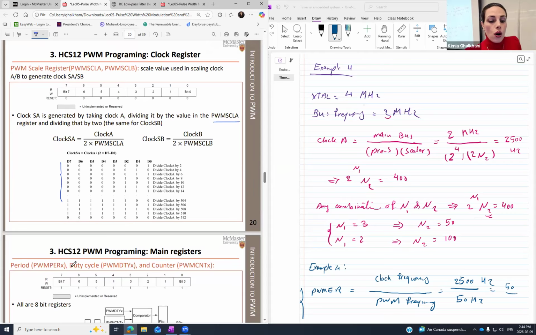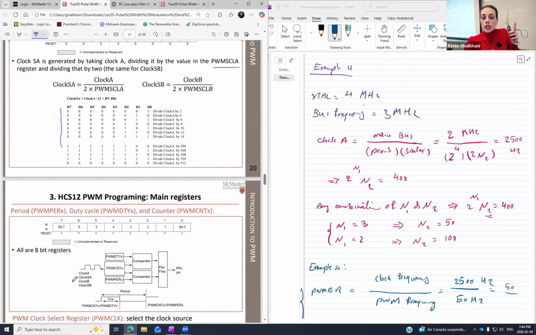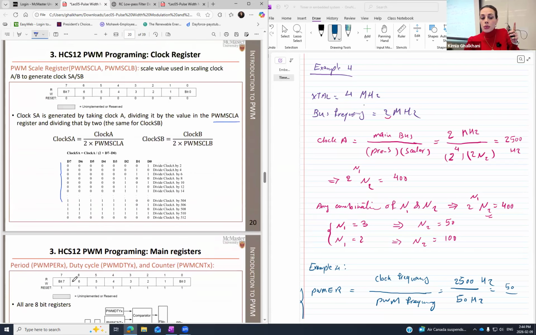So in case you are wondering how I get all of this information of 0x30, 32, 4, and so on, I use the same register information. For example, if I want clock A divided by 2, then it simply means I have to put 1 in here and the rest are going to be 0.